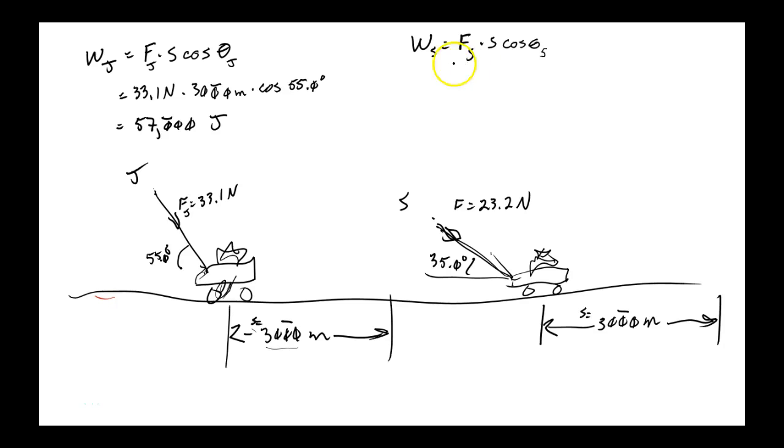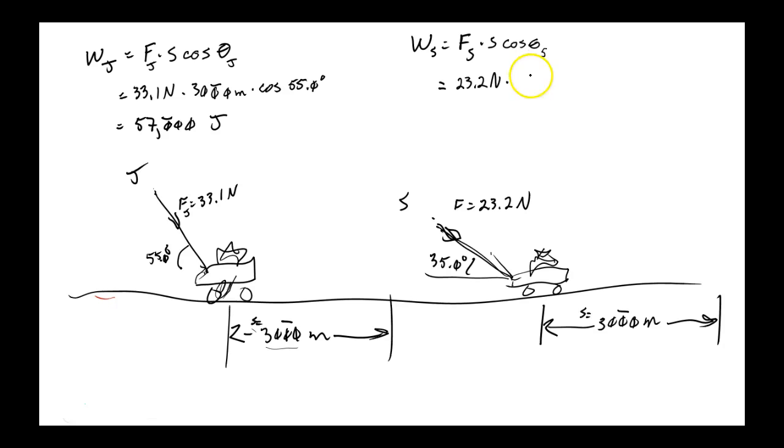Okay? Let's do the same for Sonia. What's her force? 23.2 newtons. How far does she push? 3,000 meters, with the middle zero being significant. And her angle is 35.0 degrees.